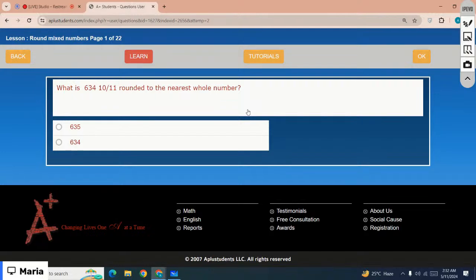So you have 10 by 11, and 10 by 11 is greater than half, right? That means you need to round up, because the fractional part is greater than half, so you need to round up. The number is rounded off to 635. The correct option is 635.